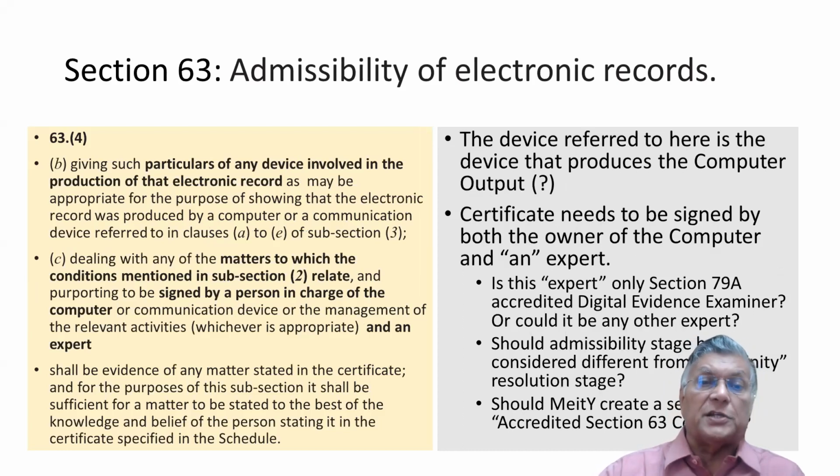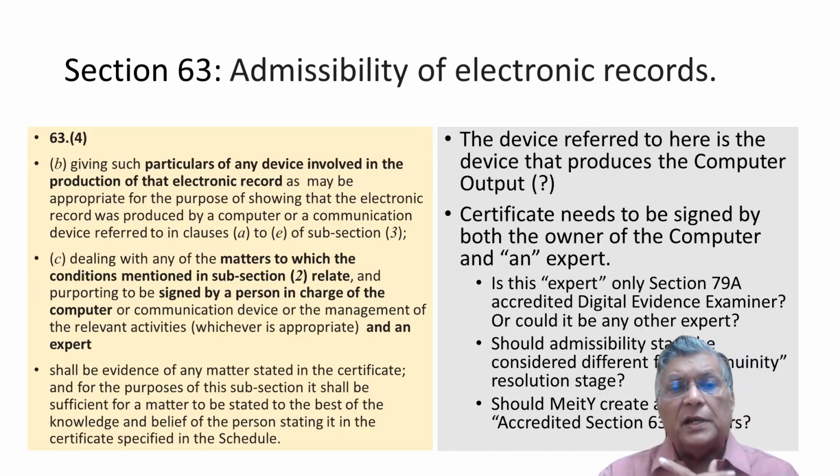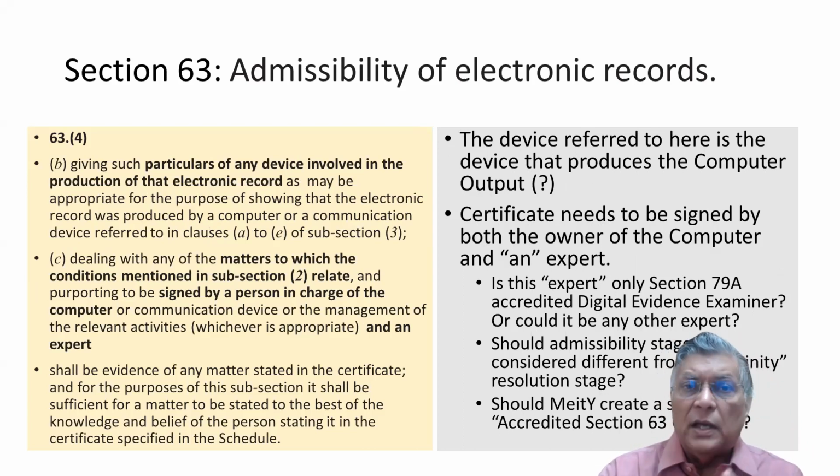Now the other subsections: giving particulars of any device involved in the production of that electronic record, because again this description should include this device, because the device can be a Windows computer, it can be an Apple computer, it can be a mobile, something like that. Okay, so giving the particulars of any device involved.